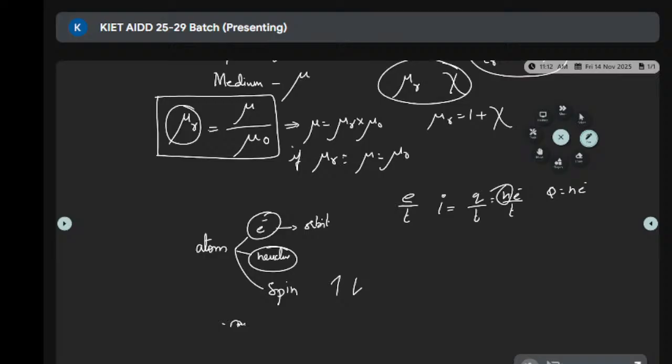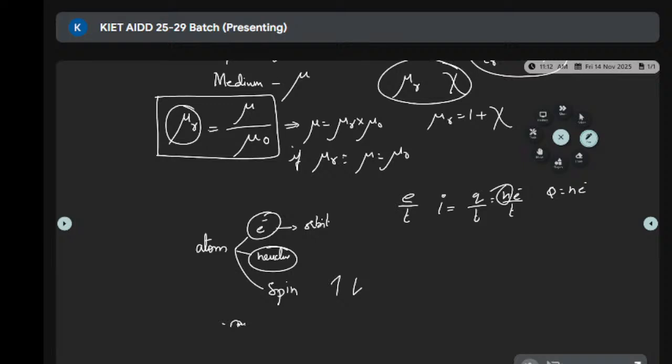But in general, in an atom, we are going to see electron pairs. In most atoms, electron pairs are there, which will not show magnetism. If you see such elements, unpaired electrons of D block elements, 3D block elements like iron, cobalt, nickel, when you write the electronic configuration of iron, cobalt, nickel, unpaired electrons will be there in the D orbitals.